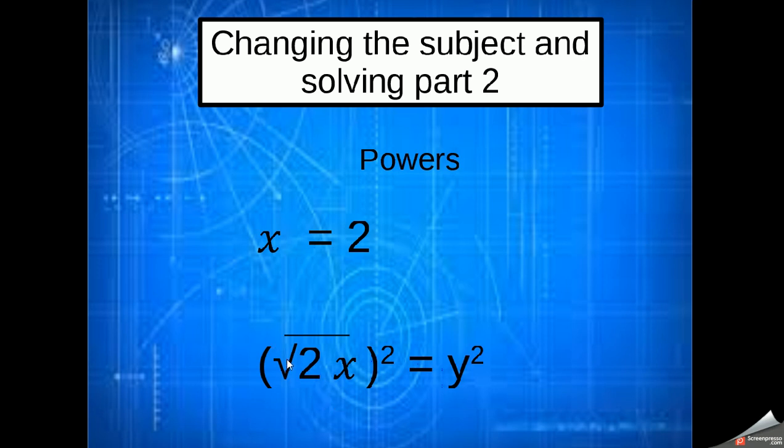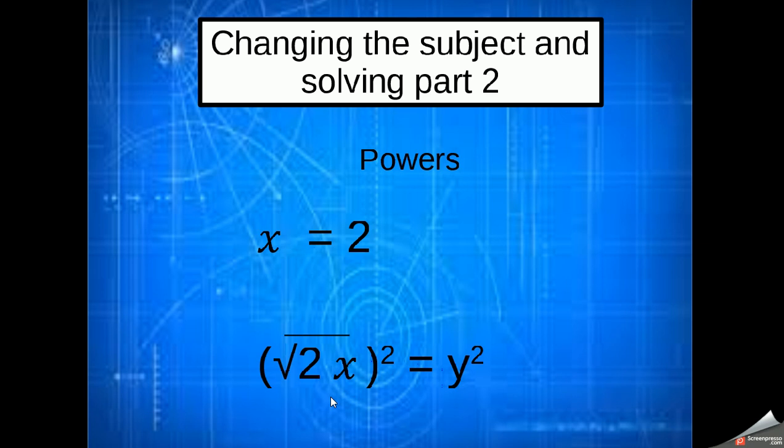Well, firstly, I want to get rid of the root sign. Now, if I square this side, if I multiply it by itself, any root multiplied by itself, so say the root of 3 multiplied by the root of 3, cancels out the root, and we're left with 3. So if I square a square root, it'll cancel it off, and in this case on this side it will leave me with 2x.